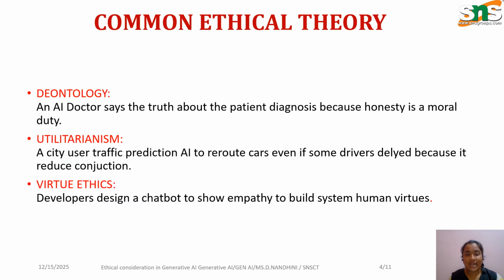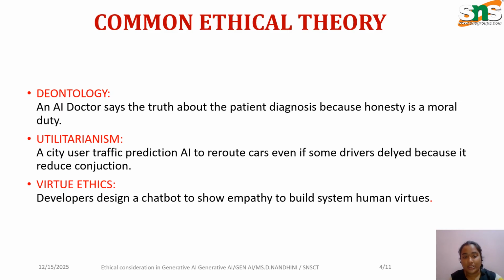So, an example for each of the three is being shown. First one is the deontology example. If a doctor always tells the patients the truth about their diagnosis, that means an AI doctor, even if it might cause distress, because honesty is a moral duty for deontology. So, AI must tell the truth because lying is always wrong.